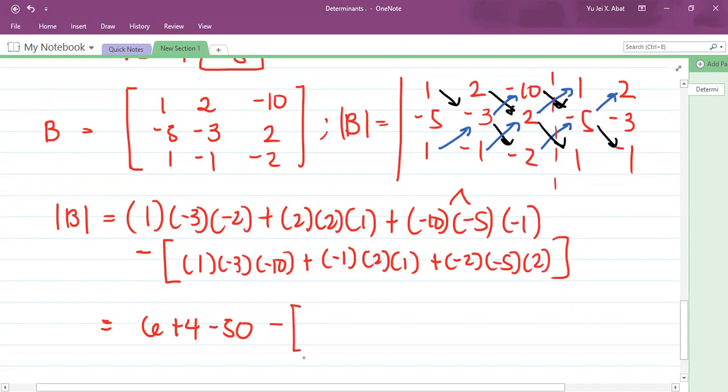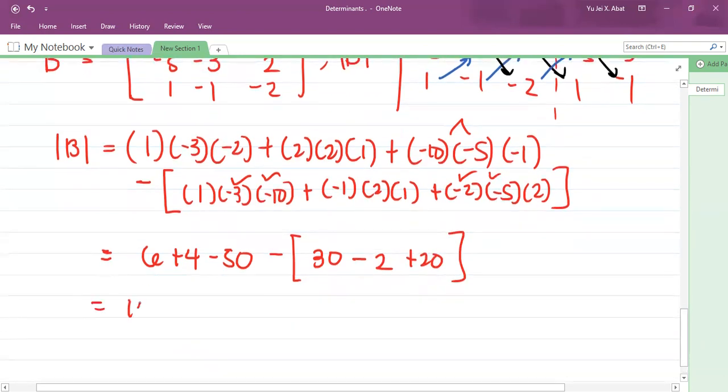Minus, we have 30, negative 3 times negative 10. And then we have minus 2 times negative 5 is positive 10 times 2, 20. Okay, so magiging 10 minus 50 minus 30, plus 2 minus 20.